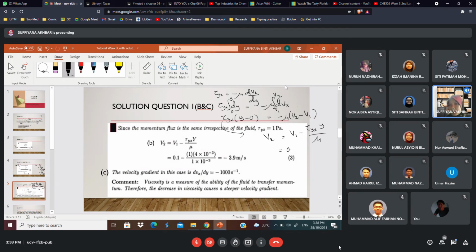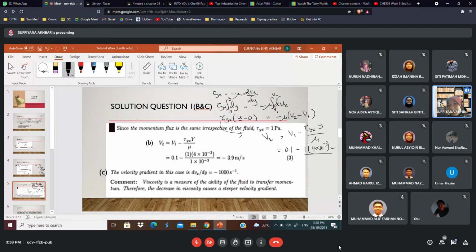V1 is 0.1 minus tau, which you calculated in question 1, which is 1. The distance is 4 mm, so change to meters: 4 times 10 to the power negative 3 meter.